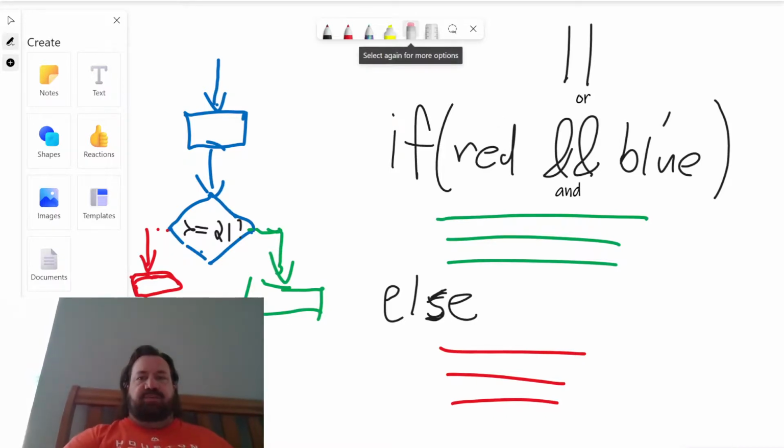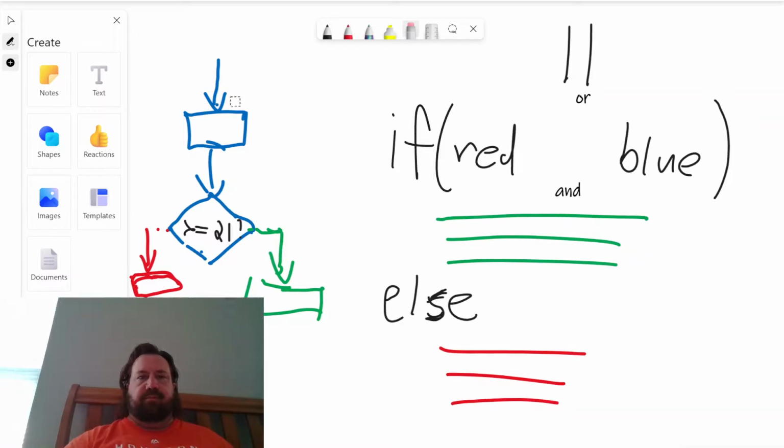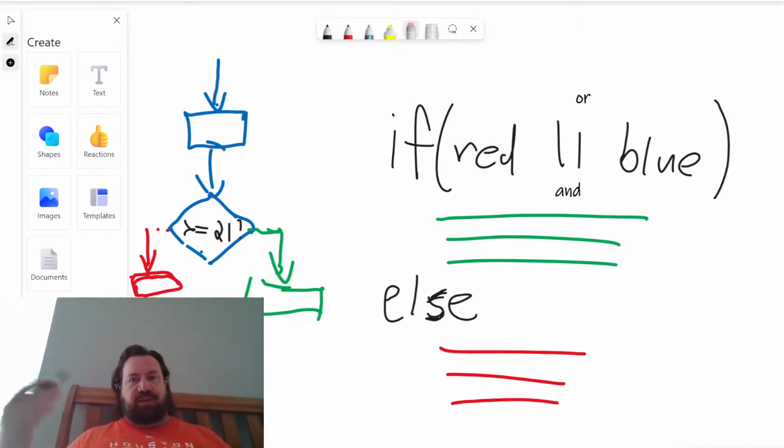That's where the or becomes quite handy. If we said if red or blue, okay, then the object could be red, and we would do it, or the object could be blue, and we would do it.